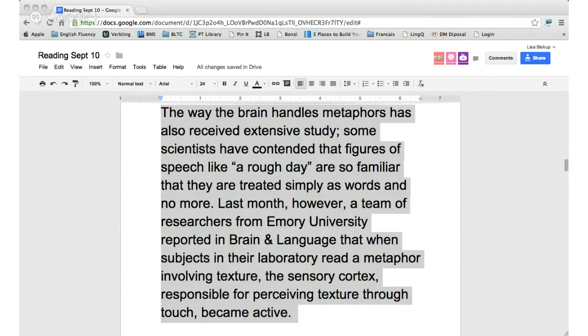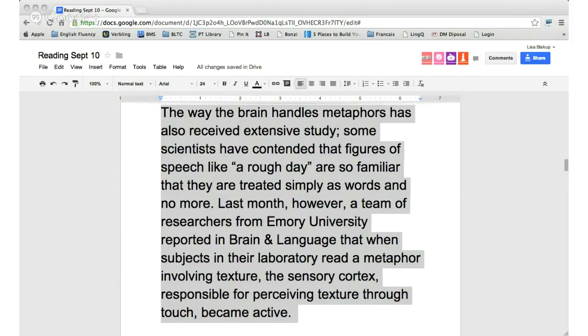Last month, however, a team of researchers from Emory University reported in Brain and Language that when subjects in their laboratory read a metaphor involving texture, the sensory cortex responsible for perceiving texture through touch became active.